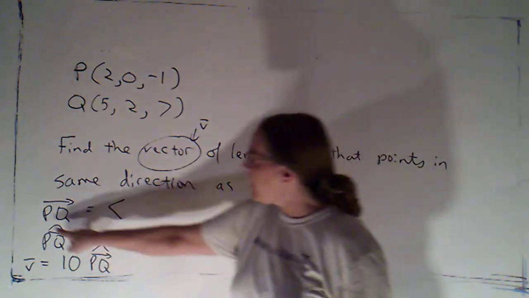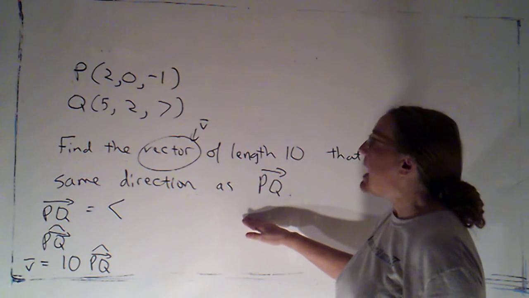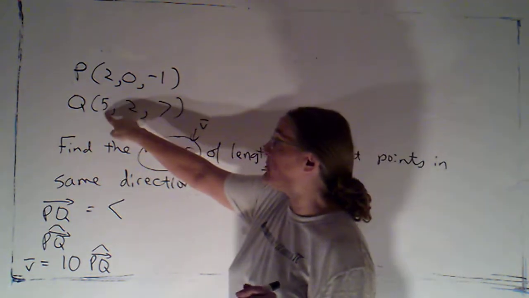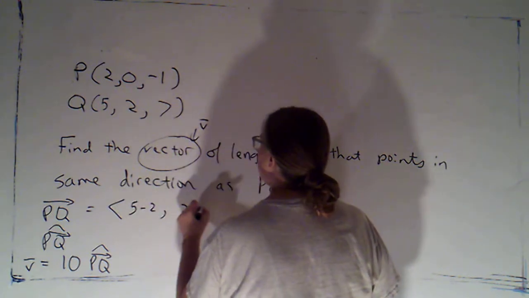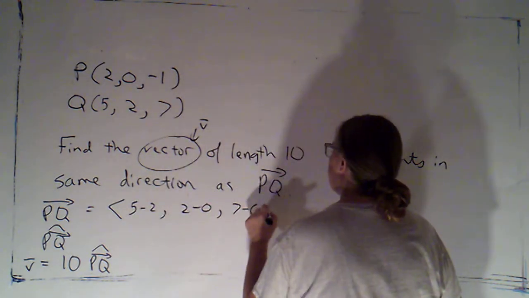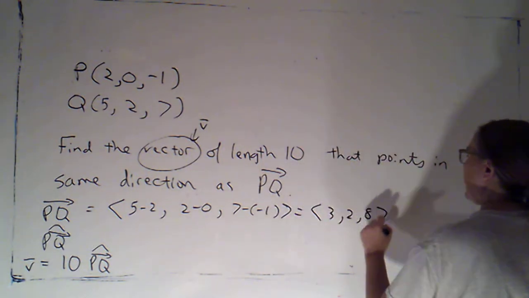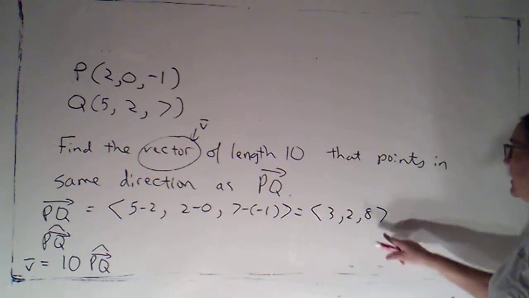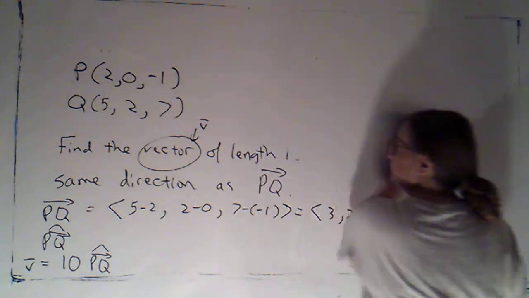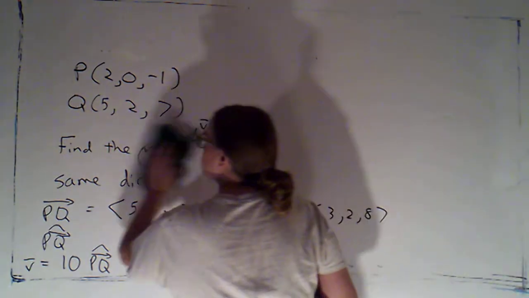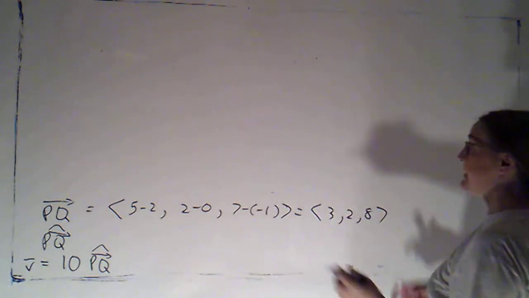PQ, I want to remember I'm going from P to Q. So my components are going to be subtraction problems. I'm going to start my subtraction problems with my ending location. So it's going to be 5 minus 2, 2 minus 0, 7 minus a negative 1. So that's going to be (3, 2, 8). Okay. All right, let's clear a little bit of space. Let's calculate the magnitude of that.